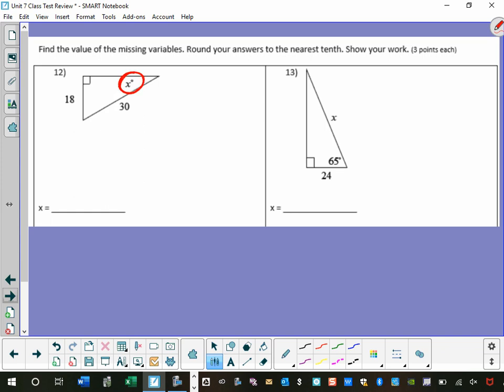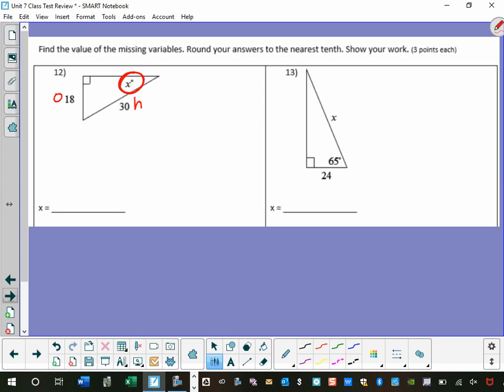So circle it. Based on this angle, let's look at my sides, 18 and 30. I need to label opposite, adjacent, and hypotenuse. What is 18 going to be? Opposite. What about 30? Hypotenuse.